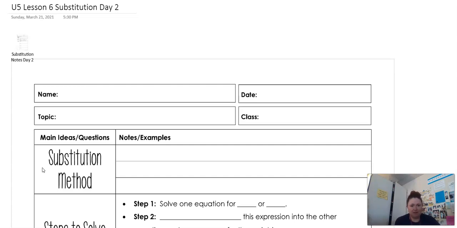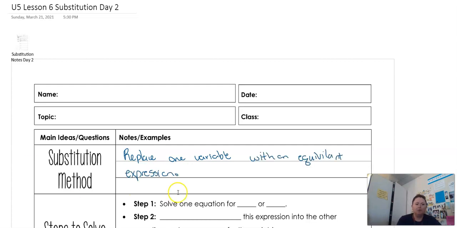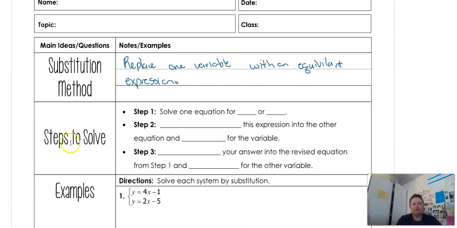So the substitution method is literally what it sounds like. It's when you substitute one equation in for another. So you replace one variable with an equivalent expression. First, you're going to have to solve one equation for x or solve one for y.